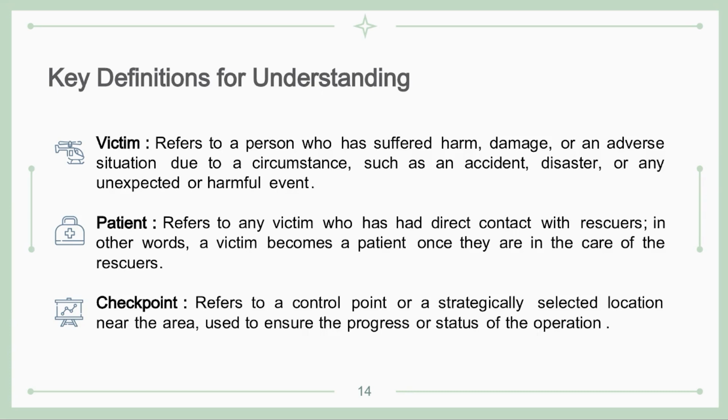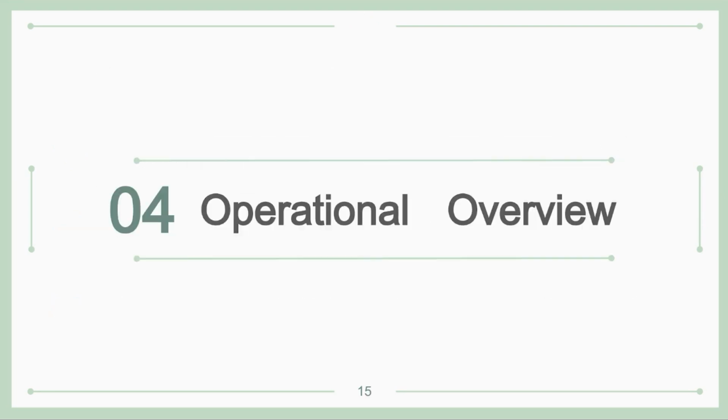In other words, a victim becomes a patient once they are in the care of the rescuers. Checkpoint refers to a control point or a strategically selected location near the area used to ensure the progress or status of the operation. And in the next section, we begin to break down the operation.